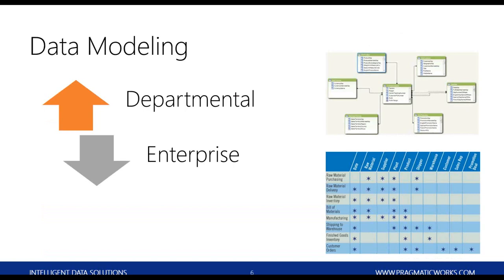To address this, there are various data modeling methodologies out there. By far the one that I see being used the most and being the most successful with is the Kimball methodology. This methodology addresses some of these reuse issues through something called conformed dimensions, and also an excellent roadmap planning tool which they refer to as the business process matrix.